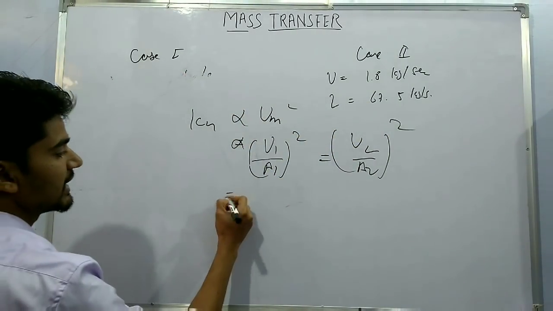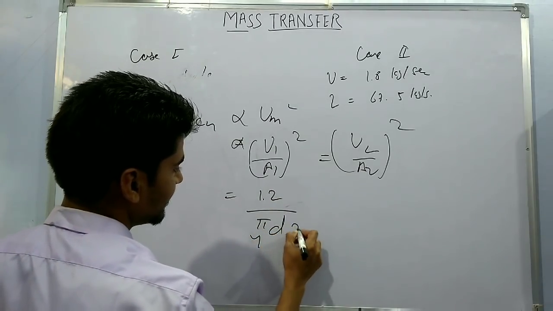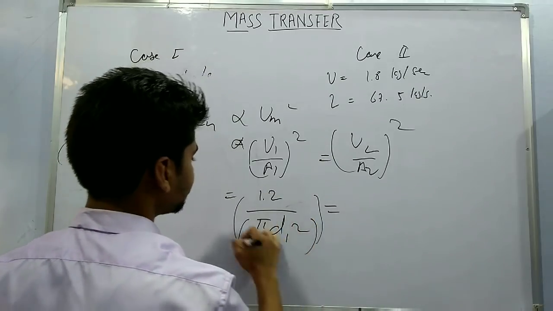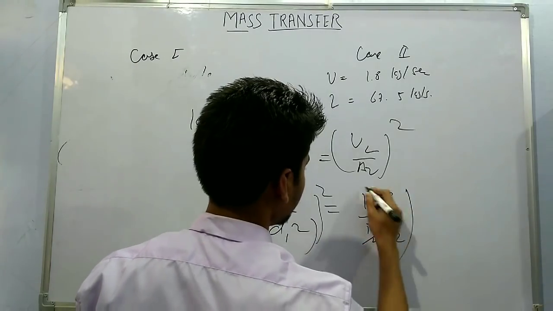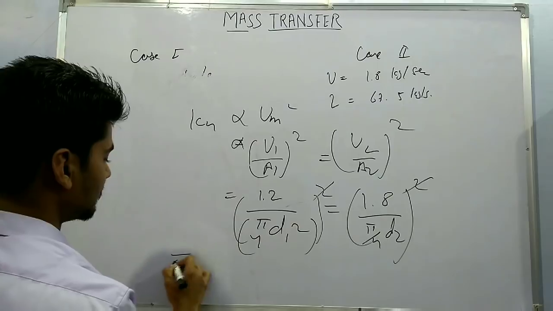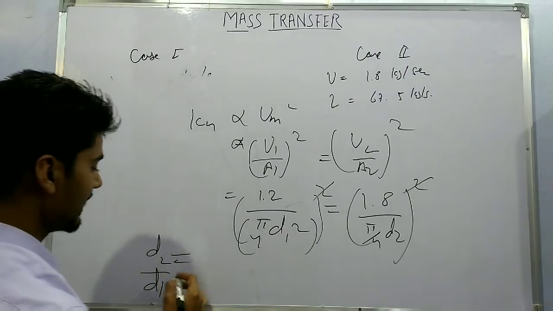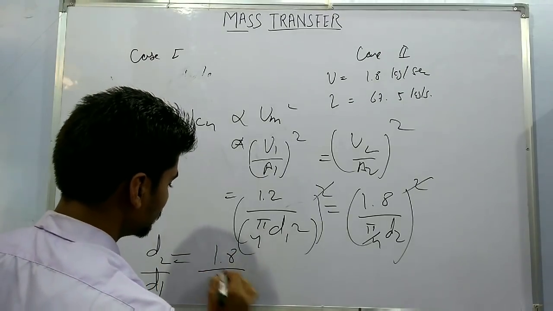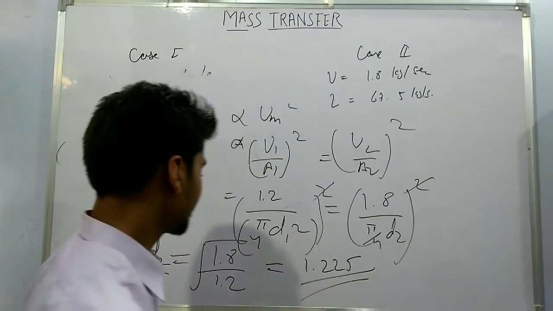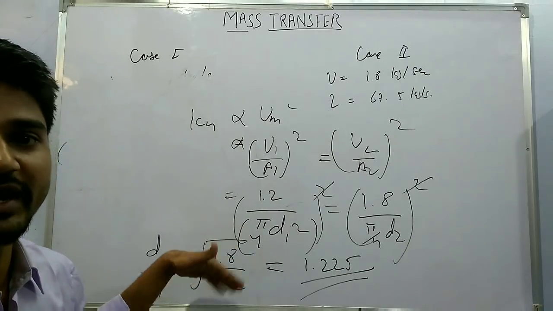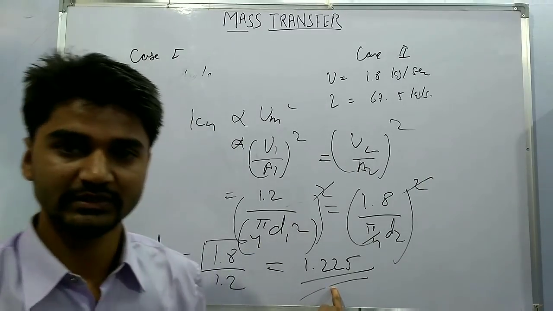So we are putting the values: V1 as 1.2 divided by area, given as pi by 4 d1 square, whole square, equals 1.8 divided by pi by 4 d2 square, whole square. And from here, solving, we will get the ratio d1 to d2 as 1.8 divided by 1.2, to the root, and that comes out to 1.225. So the ratio of the wider diameter column to the narrow diameter column will be 1.225 in this case.